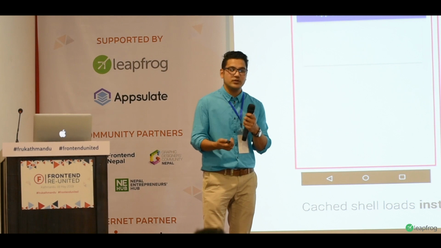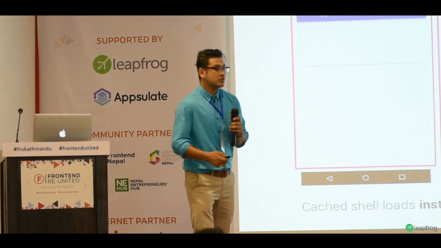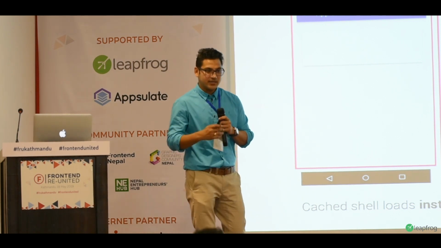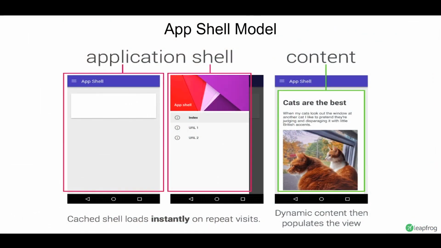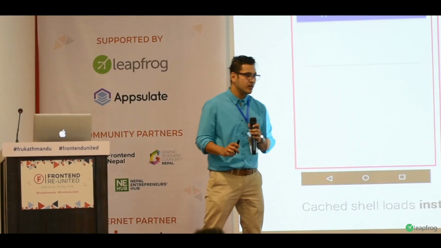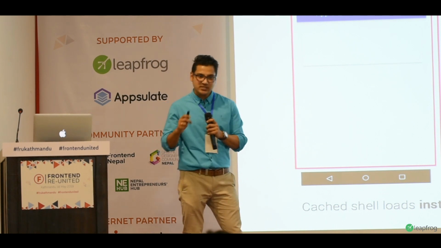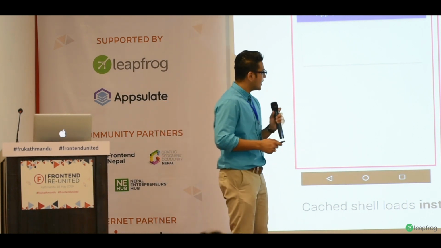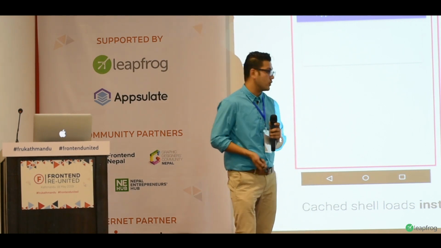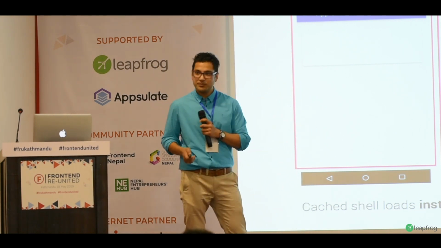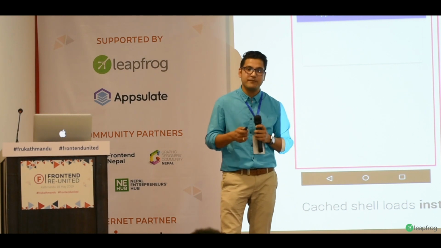Why don't you need to load it every time, right? This is what the App Shell model describes. So your header, your sidebar, your footer, everything remains almost the same. And then those are cached on the local data store, and then the dynamic content can be fetched from the API or even from local stores, right? This is one of the reasons why progressive web apps are very fast.